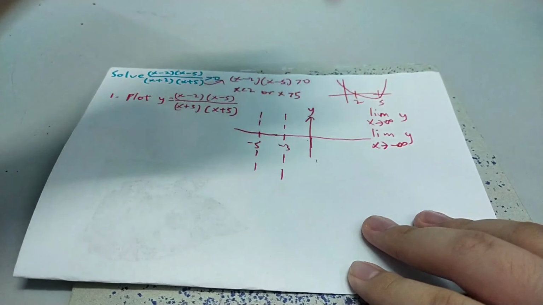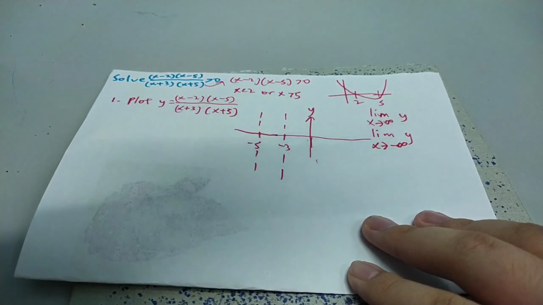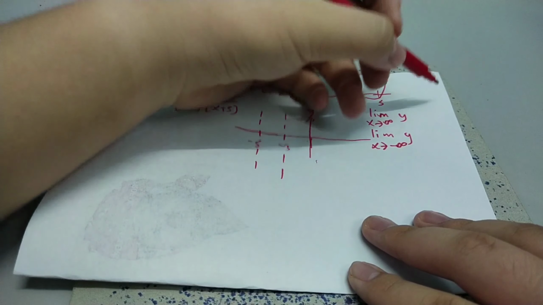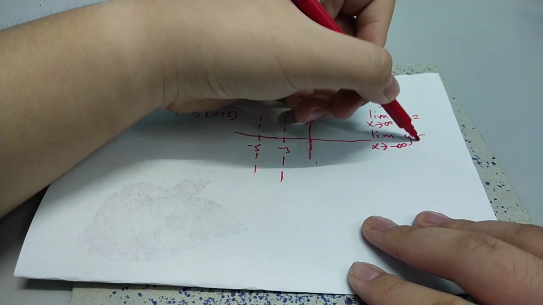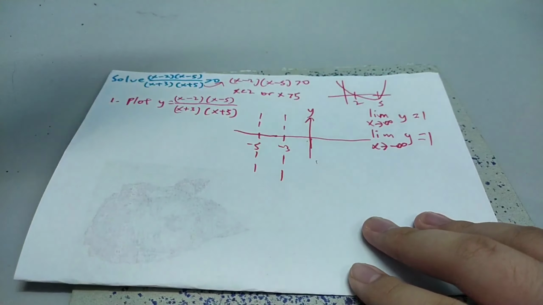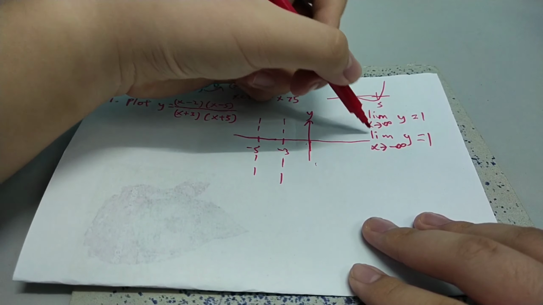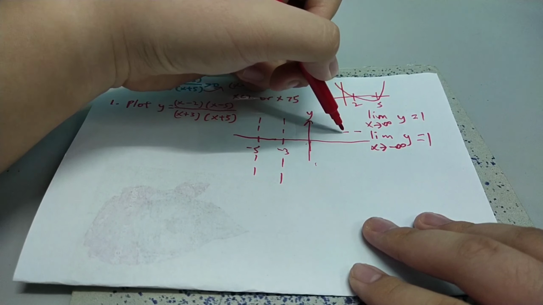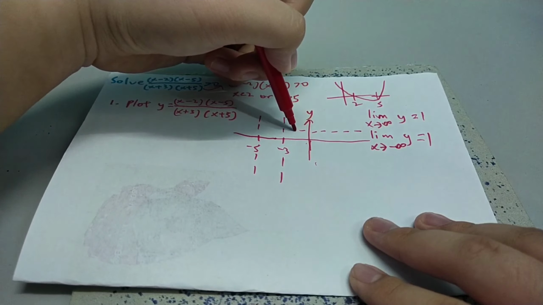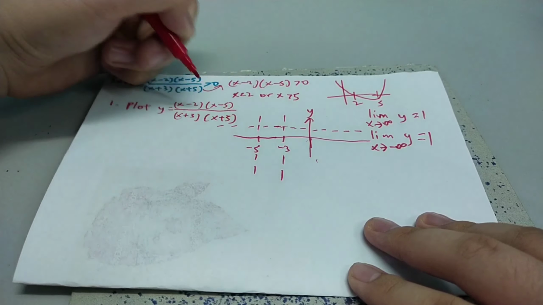These two will define the horizontal asymptote. And when you do this, you are going to get 1, both are 1. So what I can say is the horizontal asymptote is going to be 1. So this is our horizontal asymptote.